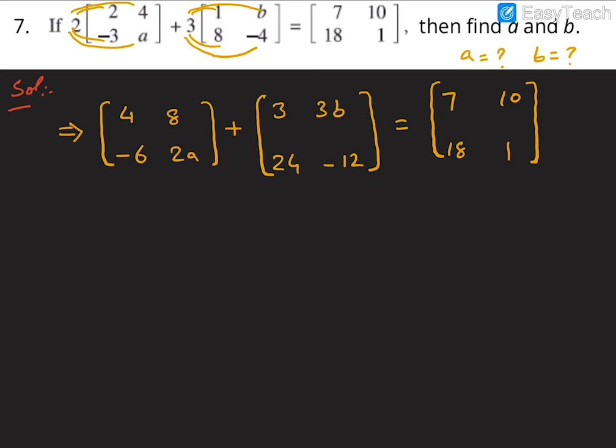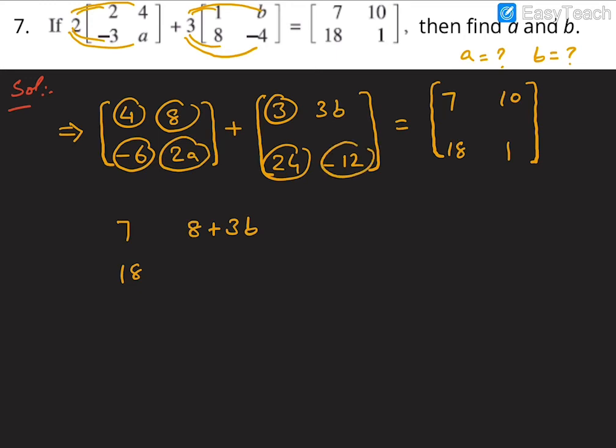Now 4 plus 3, we will add both. 4 plus 3 will be 7, 4 plus 3 will be 7, 8 plus 3B, minus 6 plus 24 will be 18, and 2A minus 12 is equals to 7, 10, 18, and 1.